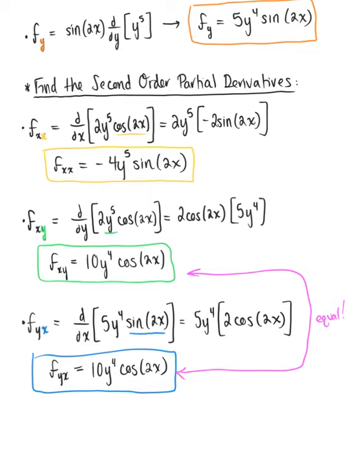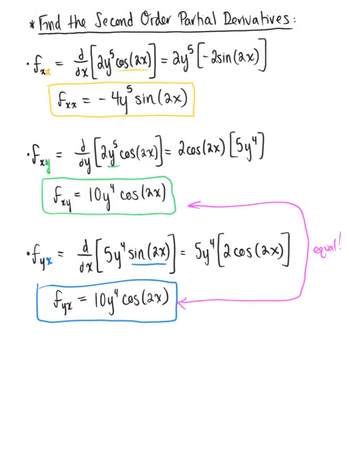We need to find the second order partial derivative f sub yy. And as always, it is essential to keep in mind what we are differentiating with respect to. So here we are differentiating with respect to y, so we're going to treat x like a constant. So we have the d dy of the first order partial derivative of the function with respect to y, which was 5y to the 4th sine of 2x.